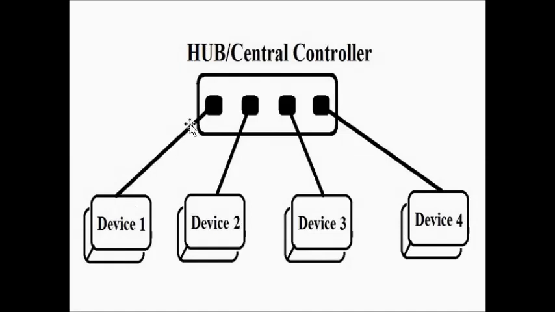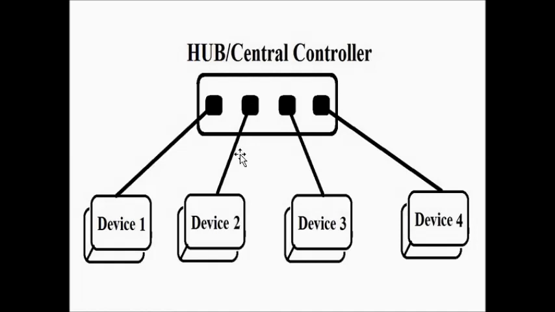Each of these links is a dedicated point to point link. A point to point link is one in which the entire capacity of the link is allotted for data transfer between these two devices. It means only device 1 and the hub can communicate with the help of this link. Device 2 cannot interfere with it.